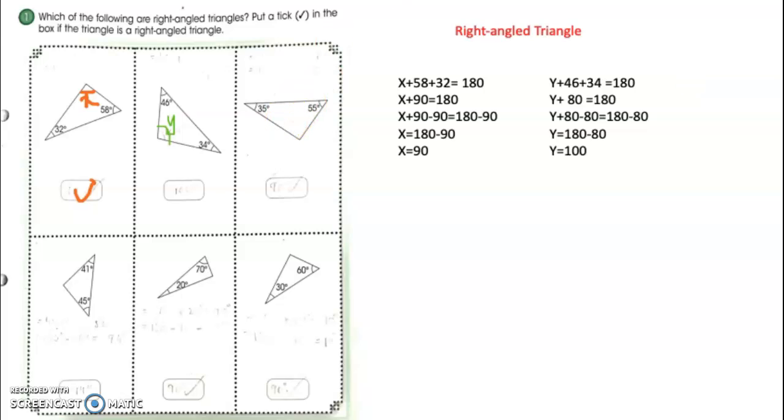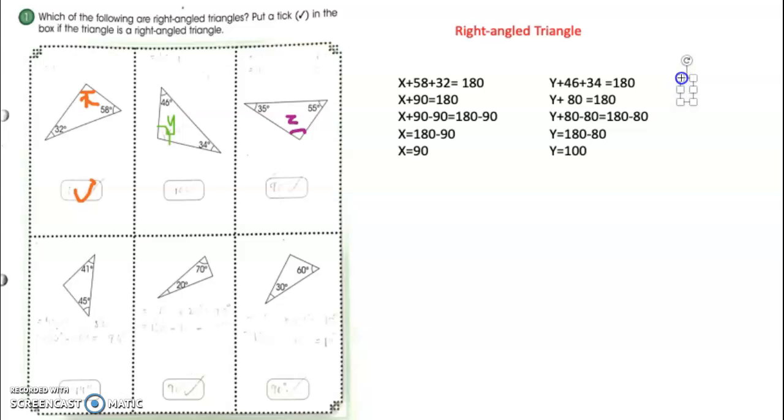This one. Let me say that this angle is z. Okay, let's start doing it now. So what is the fact that we are using?